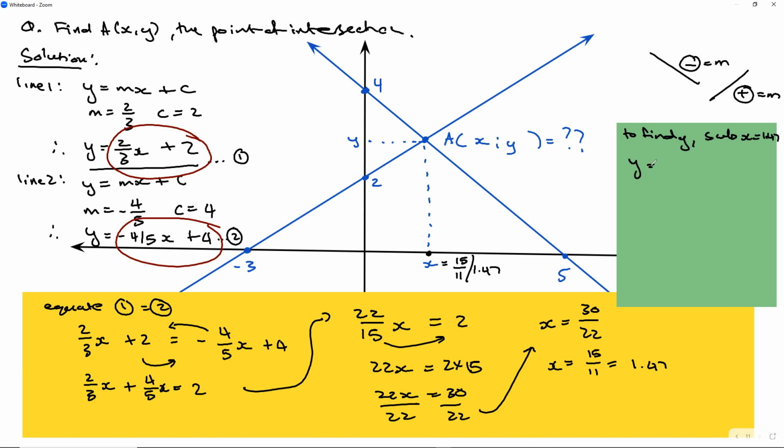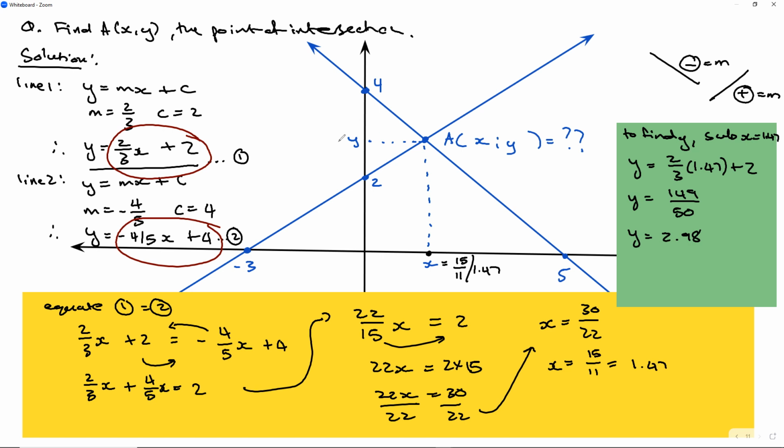We get y equals 2 over 3 times 1.47 plus 2, and we put that on a calculator. That comes to 149 over 50, which is the same as 2.98.